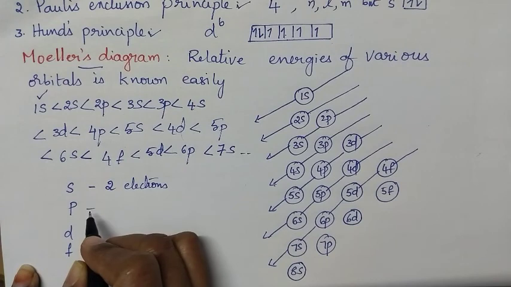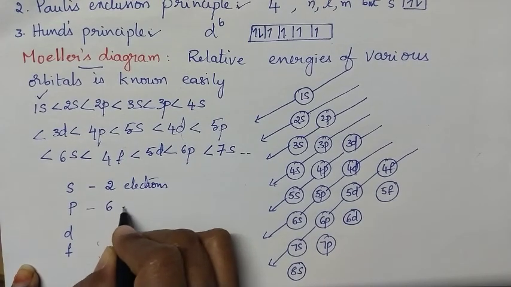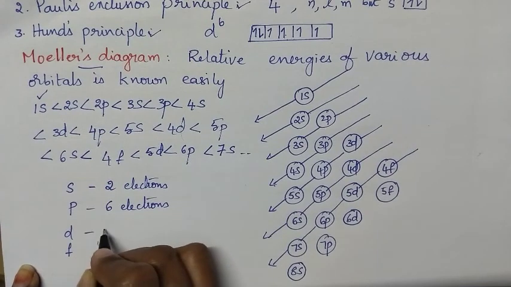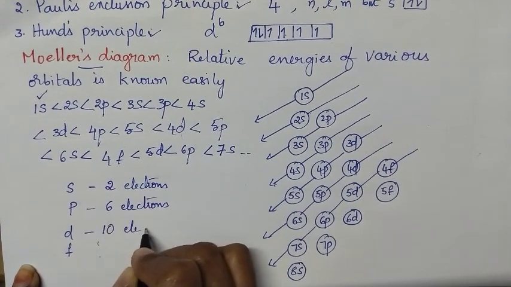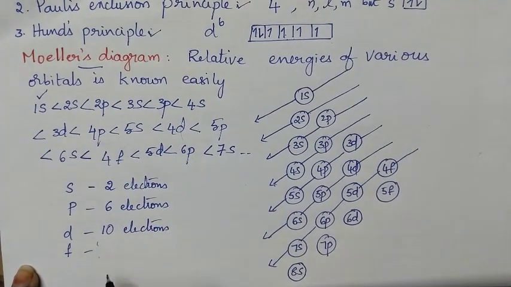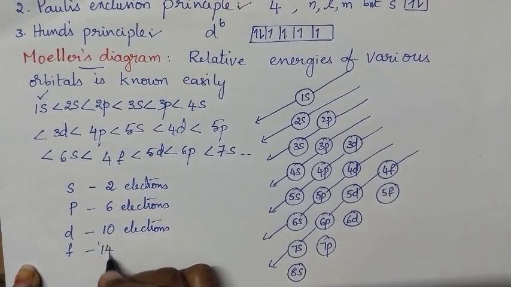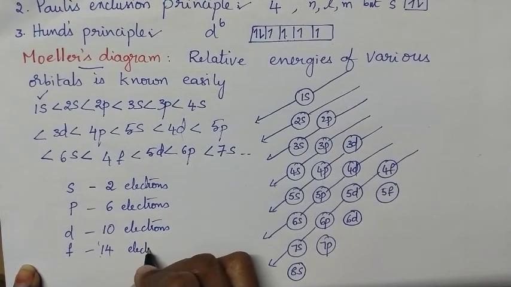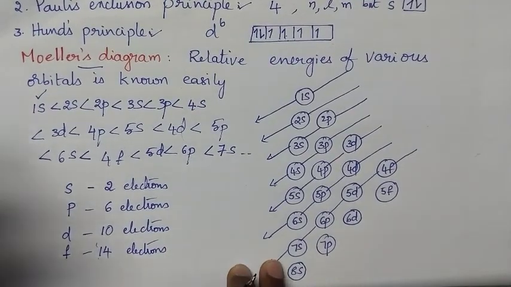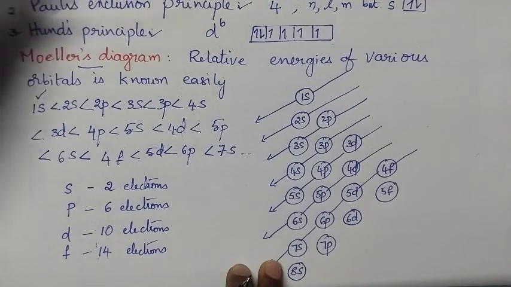The p orbital can accommodate maximum 6 electrons. The d orbital can accommodate maximum 10 electrons. The f orbital can accommodate maximum 14 electrons. Is it clear about the Moeller diagram, students?